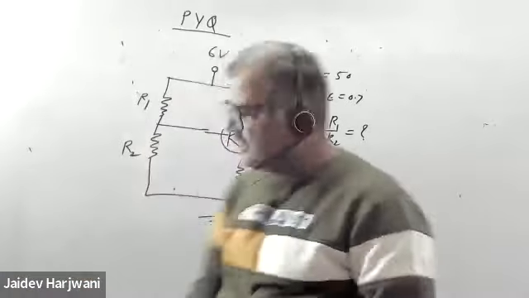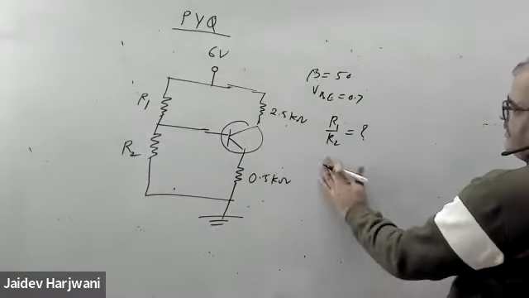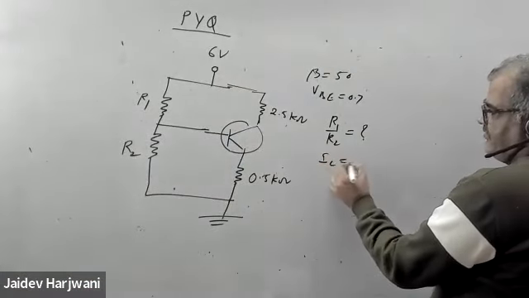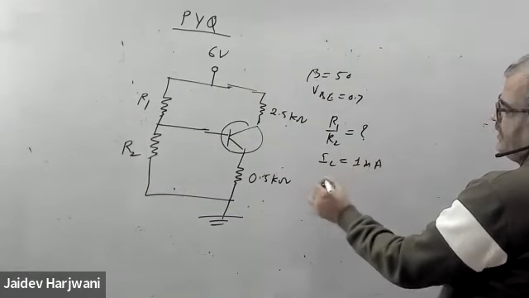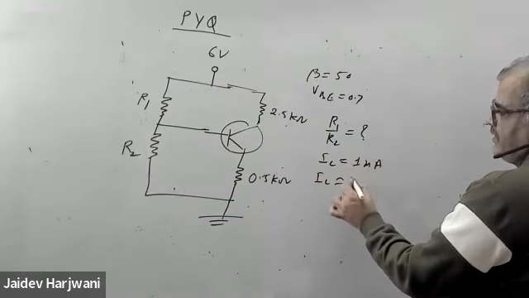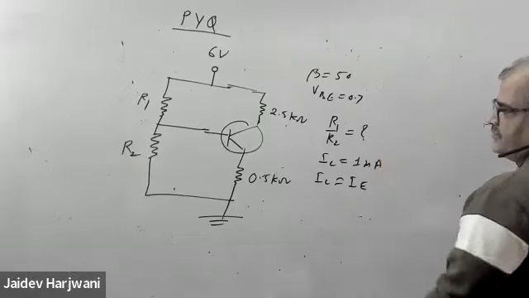In the question IC equal to 1 milliampere is given. IC is given 1 milliampere and you can always take IC equals to IE.